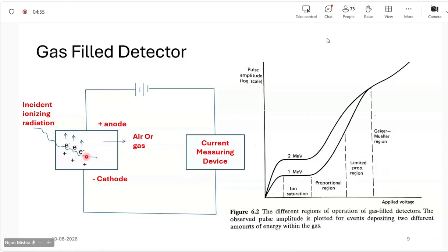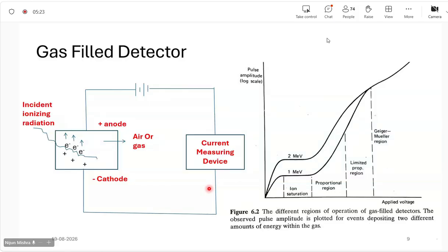When we apply the bias voltage across the cathode and anode, it creates an electric field inside this detector medium. Under the influence of the electric field, electrons move towards the anode and positively charged ions move towards the cathode, and we obtain a current in the outer circuit. So this is the basic principle of the gas filled detector.